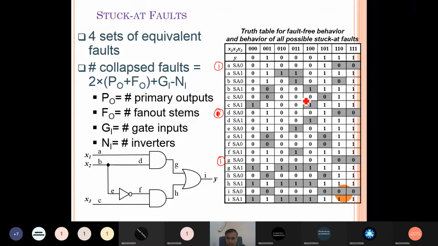So this is not unique. C stuck at 0 has 0 and 0, and here also you can see 0 0, and here also 0 0. So this is the second group, the second equivalent set, right?